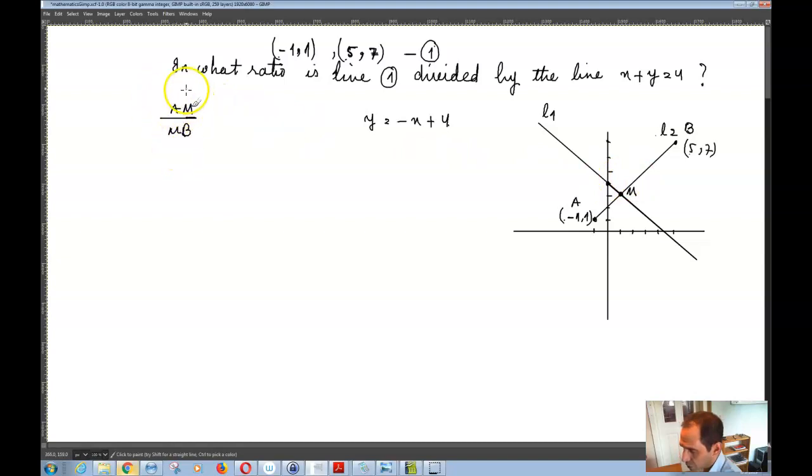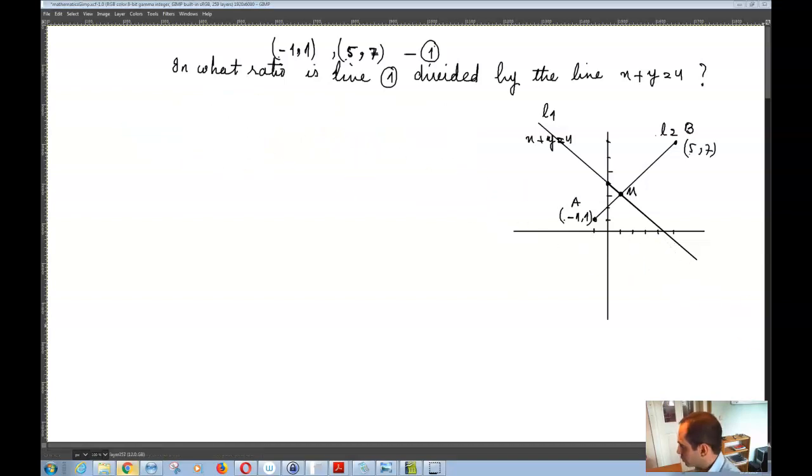Those two distances become AM and MB, and then form a ratio of those two, and that's basically your answer. I already know the equation of this line, x plus y is equal to 4. So let's find out the equation of the other line, and then we will find the point of intersection of the two.